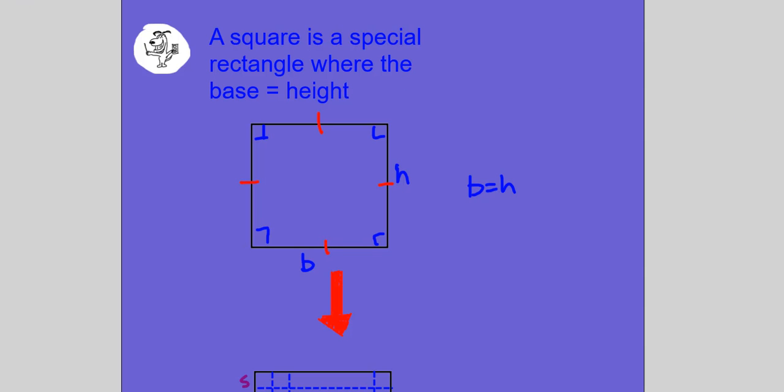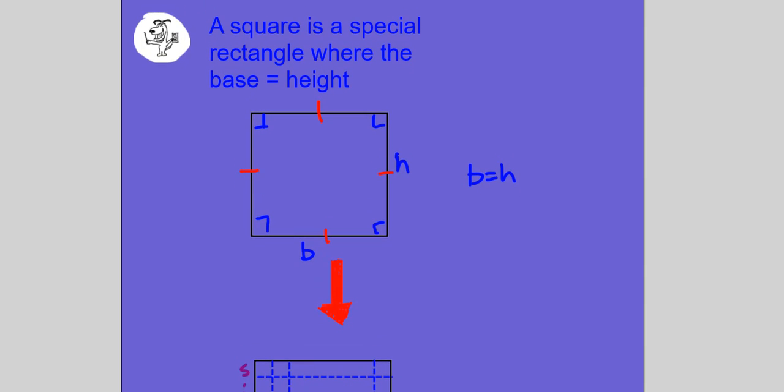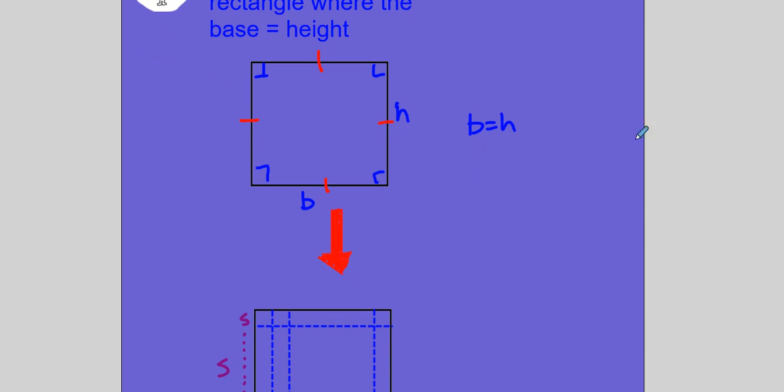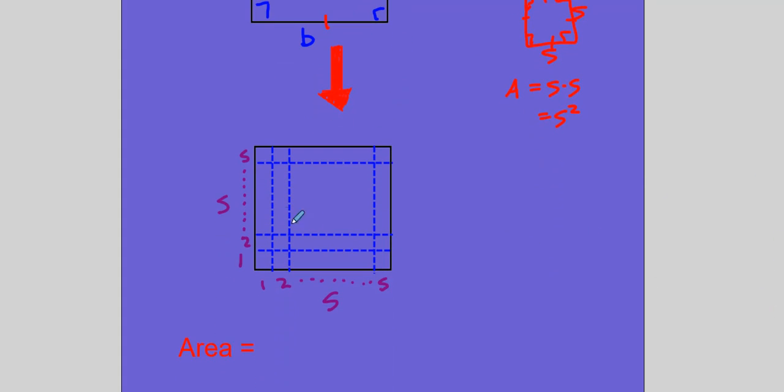So a square is our basic unit for measuring area, and it's a special rectangle where the base equals the height. So in other words, instead of writing B and H, we usually use a letter S for side. It's a rectangle because it has 4 equal right angles, but all the side lengths are the same, so the area is base times height. Well, that is going to be S times S, which is S squared.